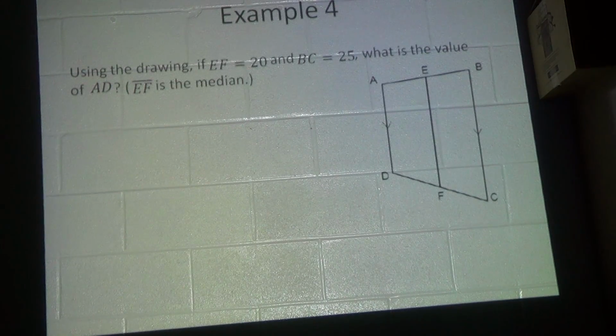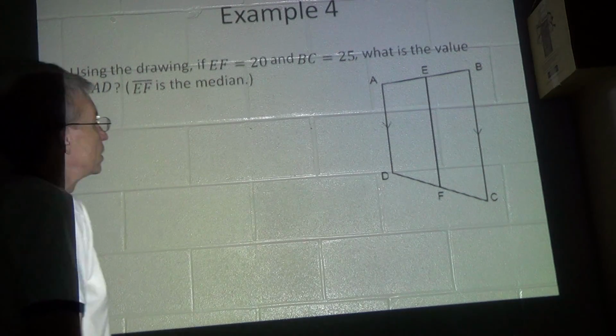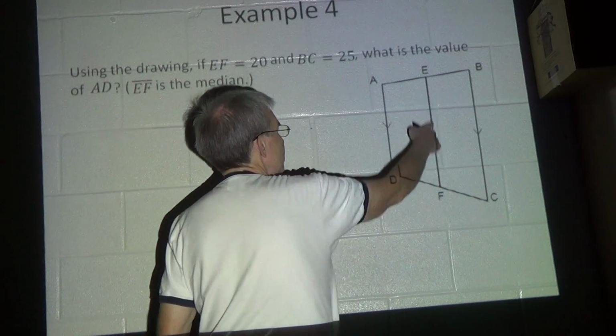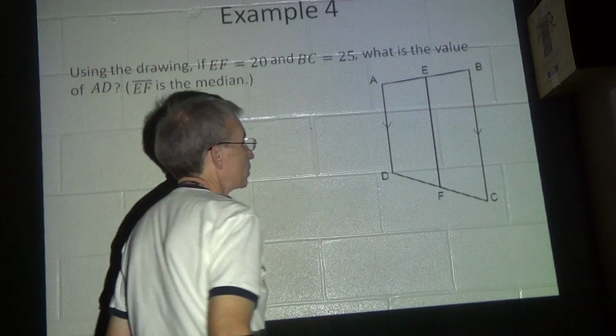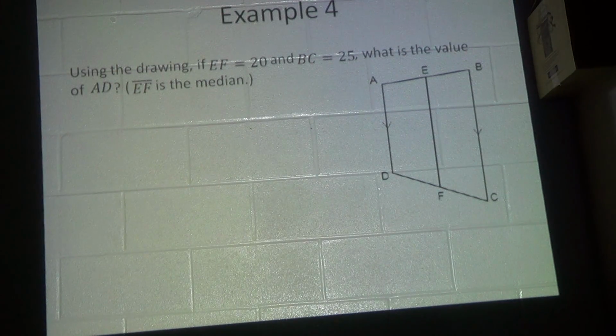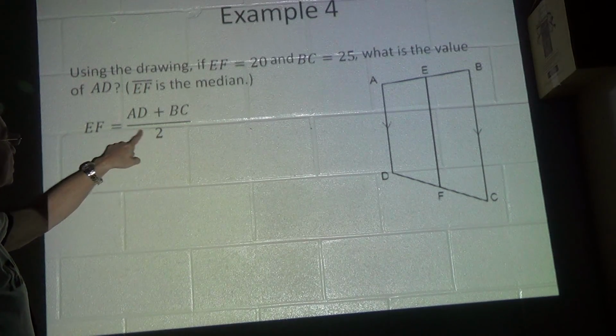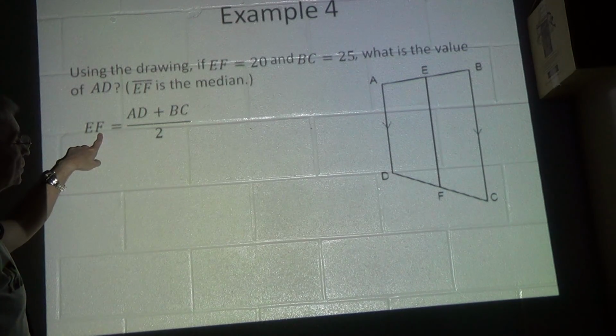Okay, example 4. In this drawing, EF is equal to 20, so this time we know the length of the median is 20, and we know that BC is equal to 25. We're going to use the same formula to find out how long AD is, which is the other base. So AD plus BC over 2 is equal to the length of EF.